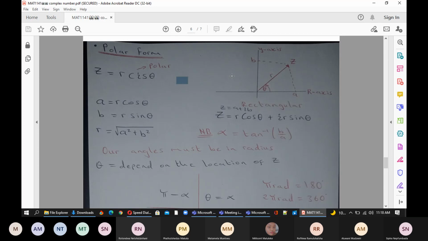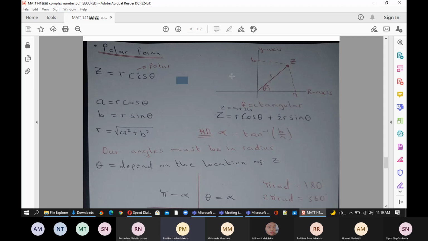SOH means sine theta is equals to opposite over hypotenuse. CAH means cos theta is equals to adjacent over hypotenuse. TOA means tan theta is equals to opposite over adjacent.